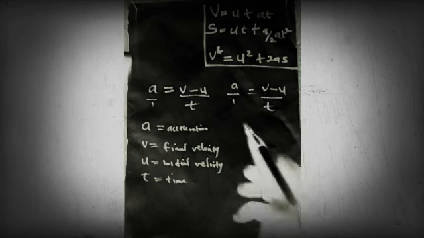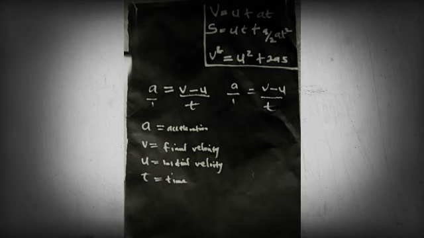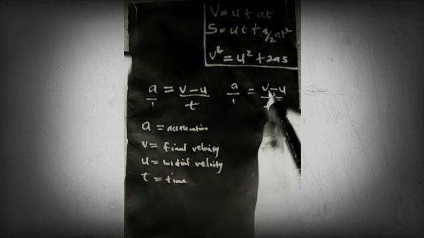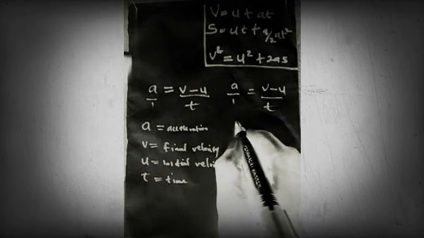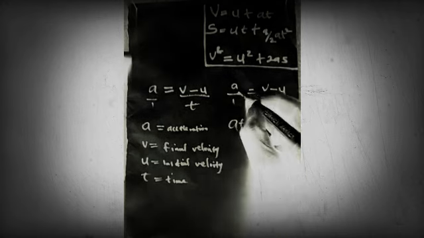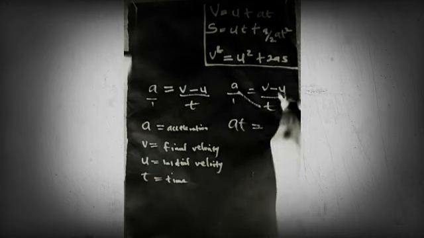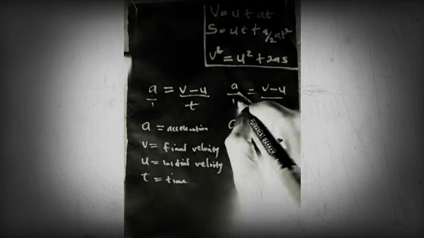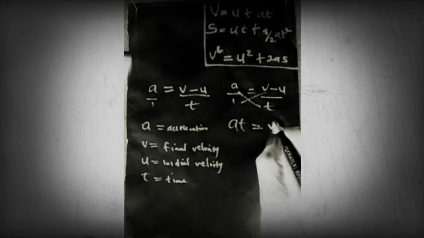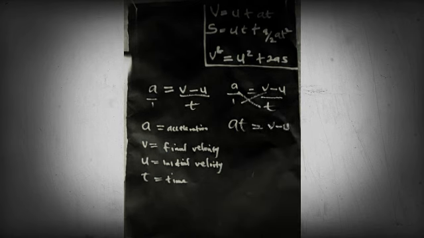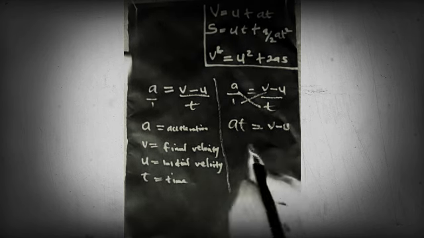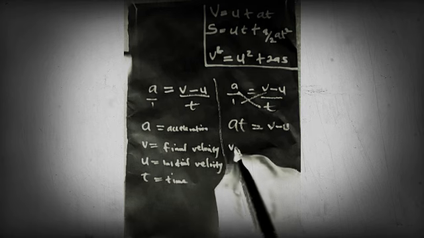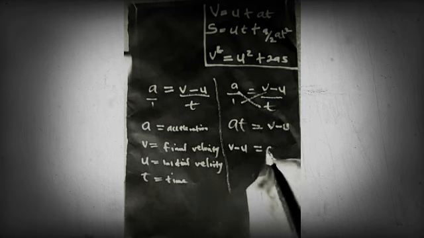What is the following process? The following process is cross multiplication. Hope you are getting me. If you cross multiply, this one will multiply this one, and this one will multiply this one, so that you have AT equal to 1 times V minus U, which will still give you V minus U. So you can write that V minus U equal to AT.